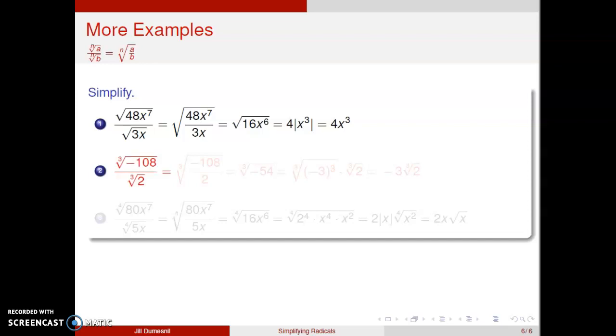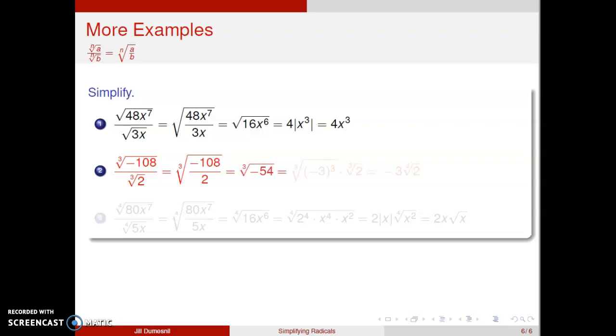Now let's consider a ratio of cube roots. Recall that negative quantities under odd-indexed roots do not present extra issues. We could try to simplify each root separately. However, the quotient rule for radicals allows us to apply the cube root to the ratio, allowing for easier simplification. Negative 108 divided by 2 is negative 54.